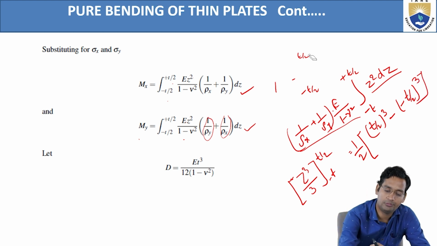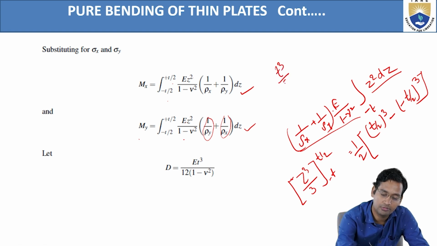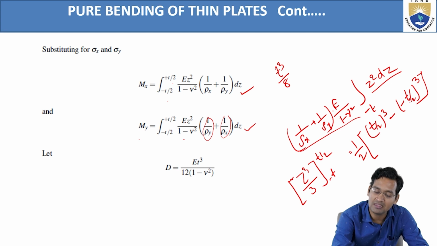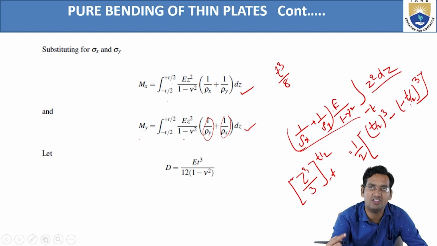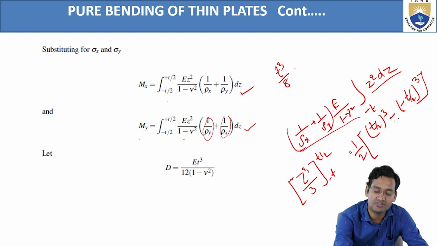Now here t by 2 cubed becomes t cube by 8. Tq by 8 minus, and since the other is negative, minus of minus t by 2 whole cube becomes minus t cube by 8, and minus of minus becomes plus, so plus t cube by 8.